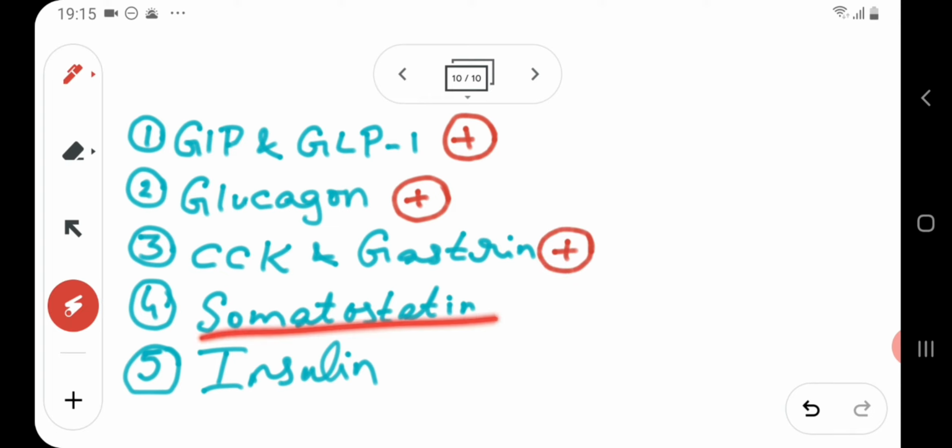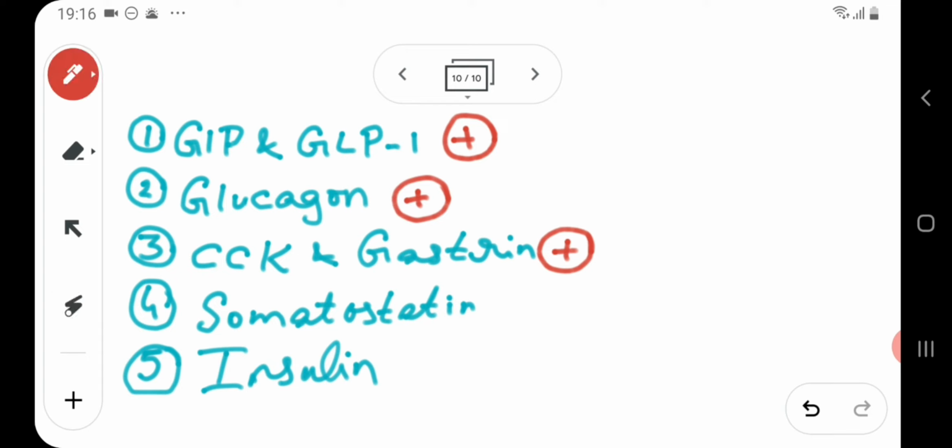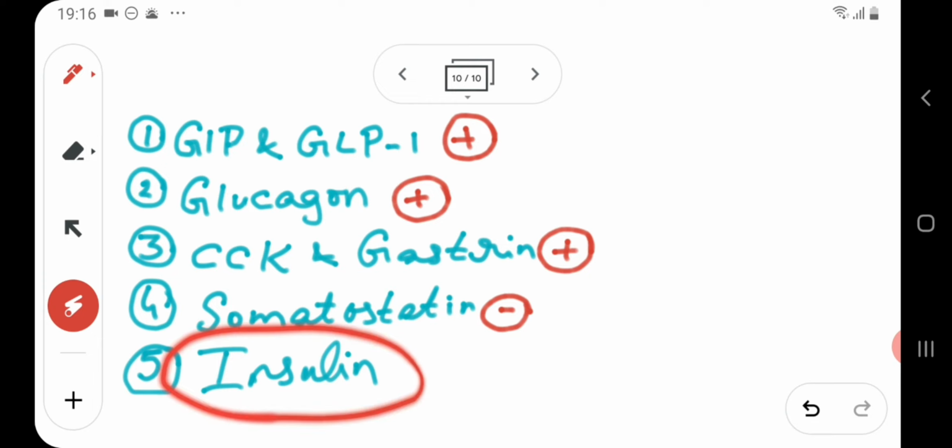Next is somatostatin. This is also released by the islet cells of Langerhans of the pancreas, but of the delta type. Somatostatin inhibits the secretion of insulin. Finally, insulin itself: exogenous administration of insulin will lead to inhibition of endogenous insulin secretion.